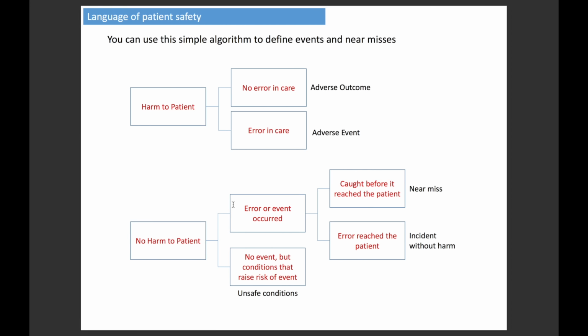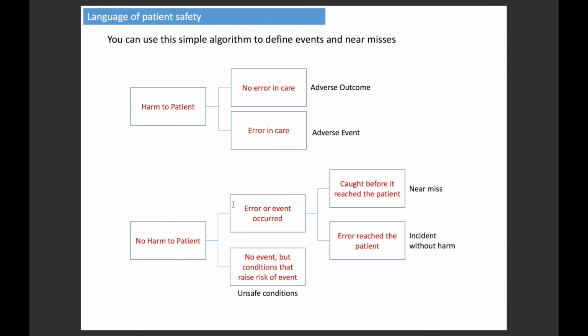So let's say the staffing was short. A nurse had to pick up an extra patient, and that led to the delivery of an antibiotic. So there's no harm, but the conditions were there that raised the risk that harm could have occurred.